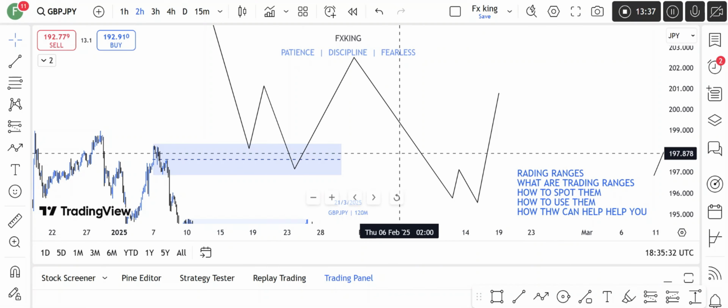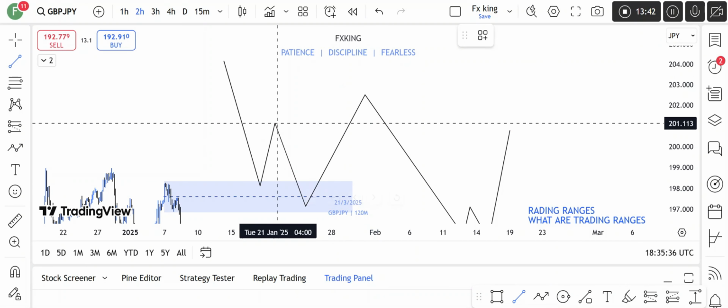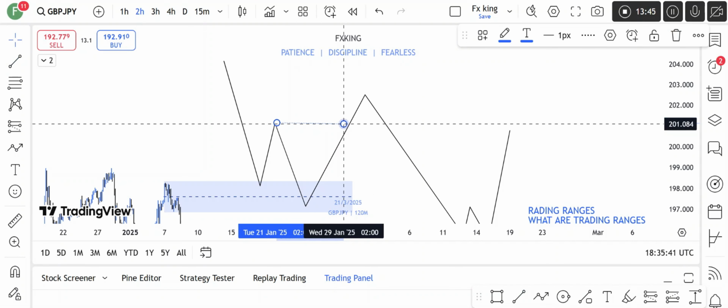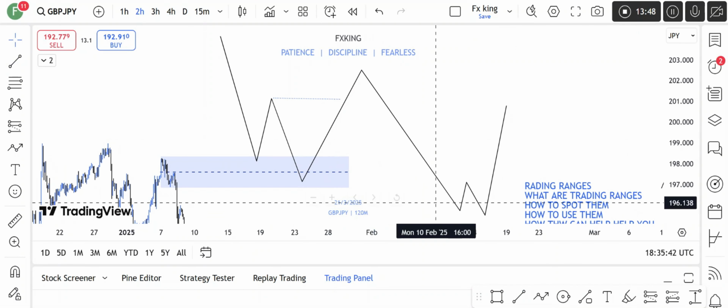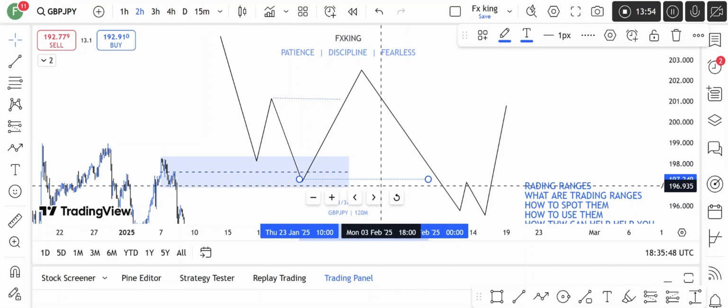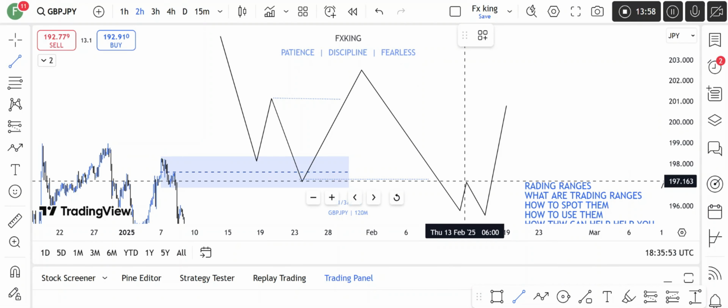So now this is a chart I've just traced here. If I want to map out the chart, I'll start with my inducement here. The inducement was taken out and we have a break of structure like this. This is our valid break of structure here. After this break of structure, we have our new inducement.